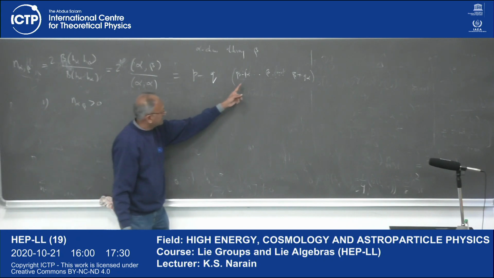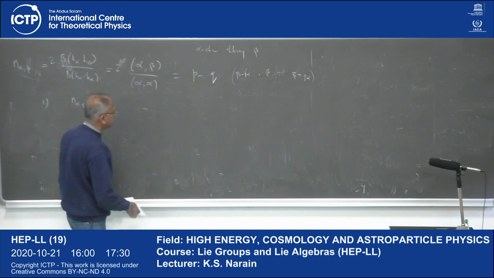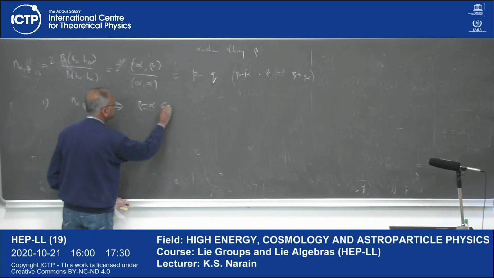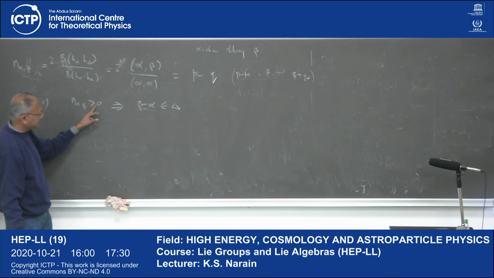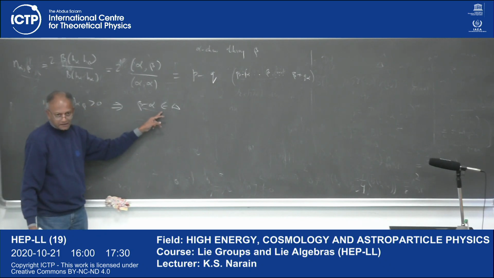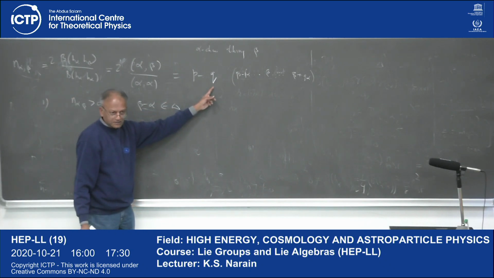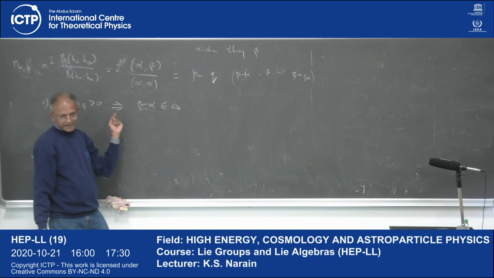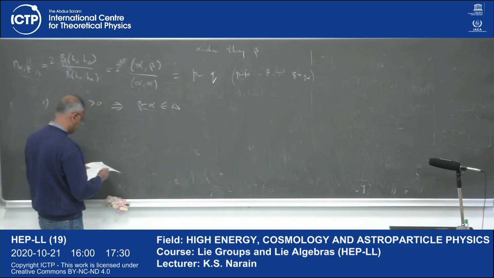It could be more, depending on the value of Q. But this implies, for sure, that beta minus alpha is a root, at minimum. The moment I see n alpha beta is greater than 0, it implies that beta minus alpha is a root. It could be more, it could be beta minus 2 alpha also, depending on the value of Q. But even if Q is 0, P must be at least 1, because we are saying strictly positive.